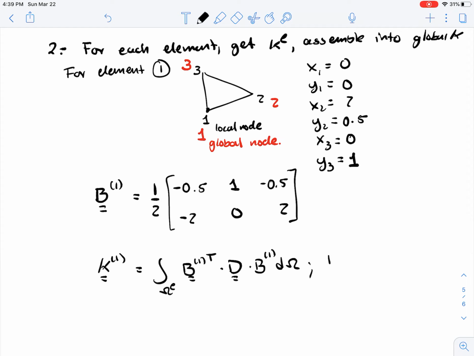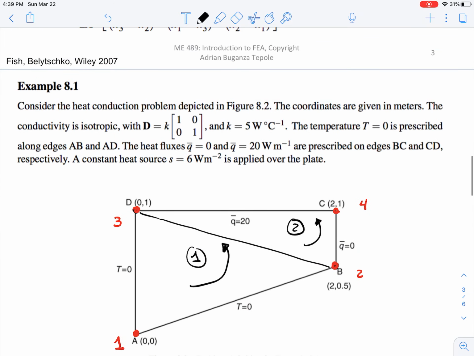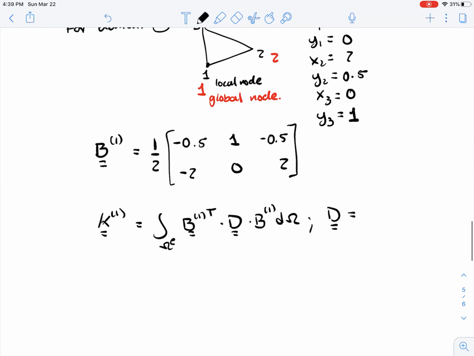And then let me just say, this D matrix is given in the example, so this is just K times the identity. So actually the multiplication by the identity just gives the same result, so we can get that out of the way and just use the value of K, which is 5.